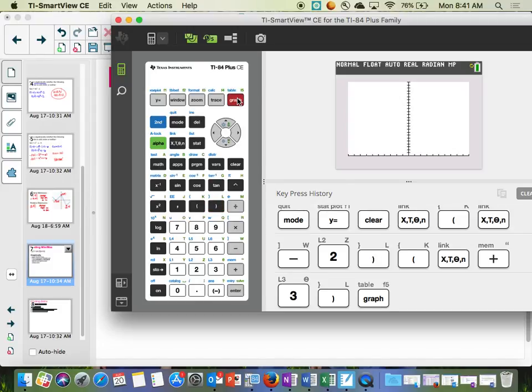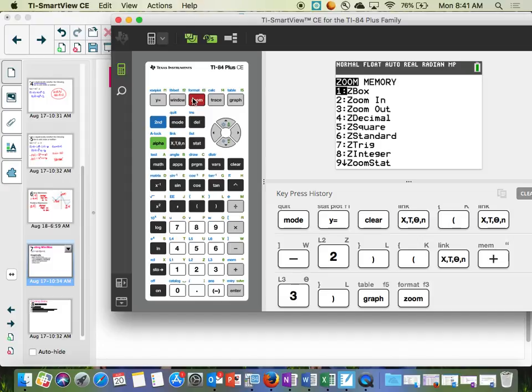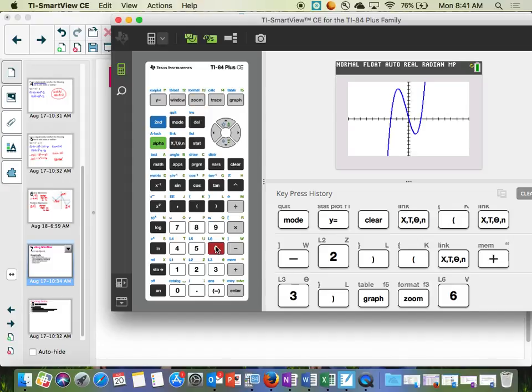If you hit graph, do you see how mine's all wonky? If yours isn't that 10 by 10 grid, go to this button here, zoom, and 6 is standard. Zoom 6 will get you back to that 10 by 10 grid. So if you ever zoom in or zoom out, zoom 6 will get you back to square one.